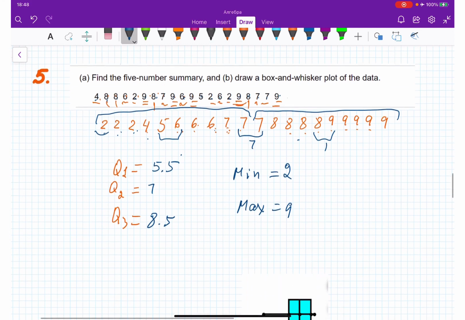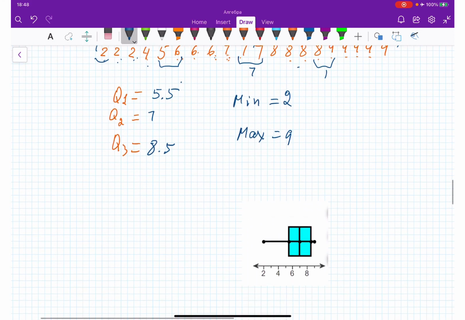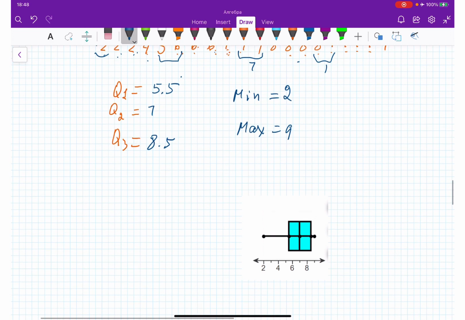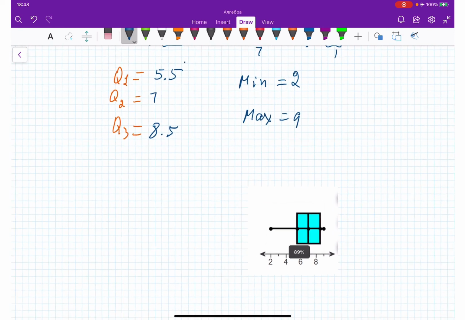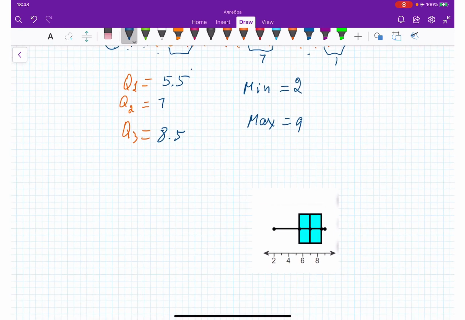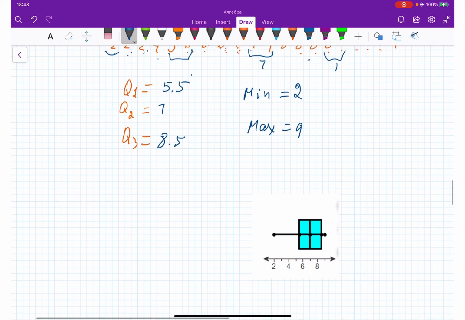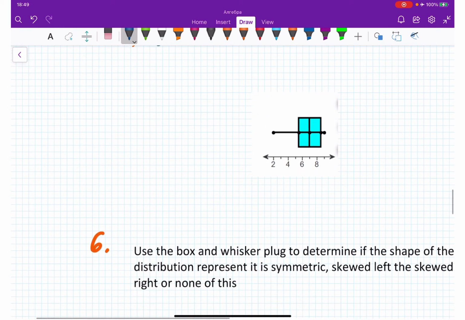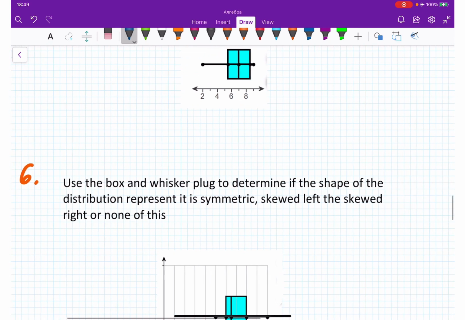Based on 5.5 and these 5 elements here, this is how our box and whisker plot is going to look. And it looks like it's symmetric, right? Besides the outlier at the minimum, 2. 9 doesn't look like an outlier because we have 8 and 9, right? Okay, moving to question number 6.